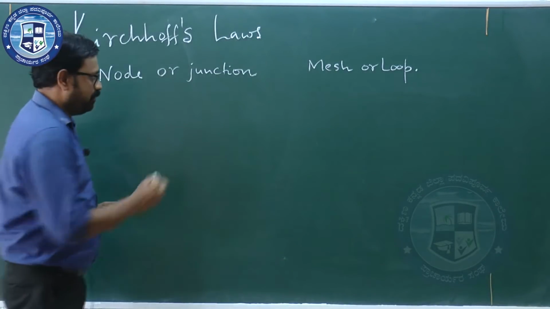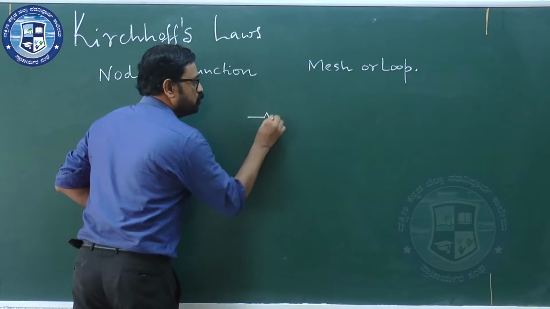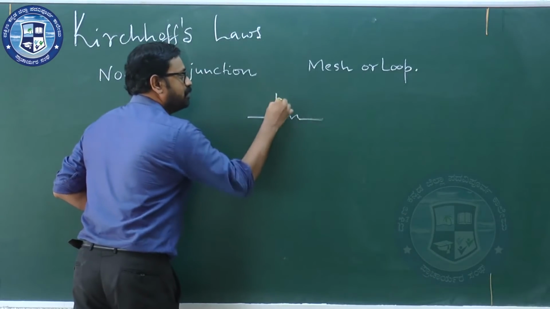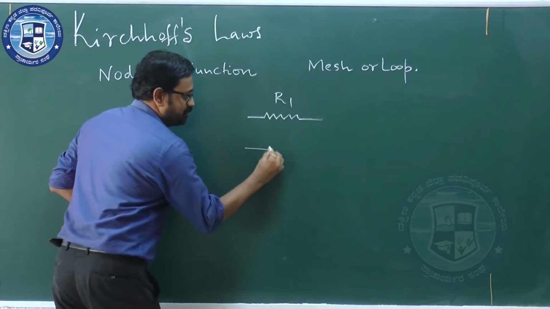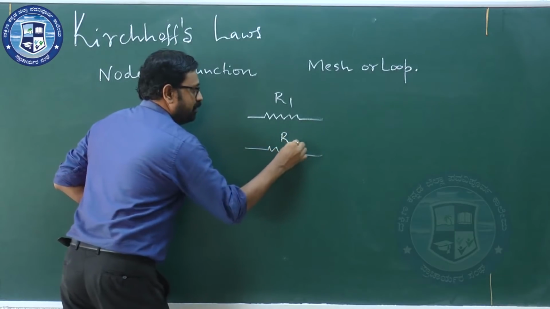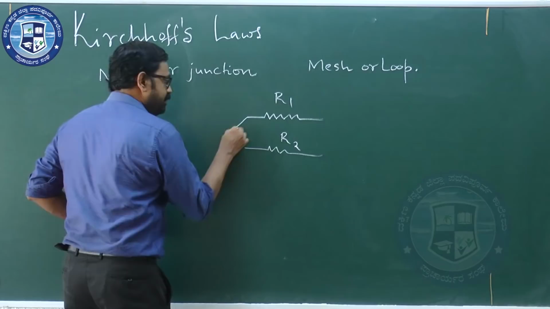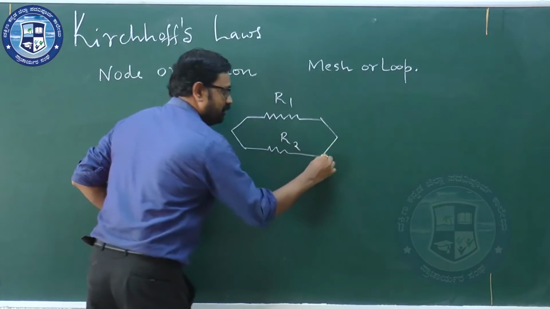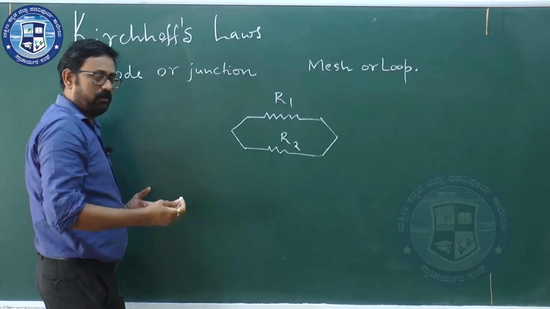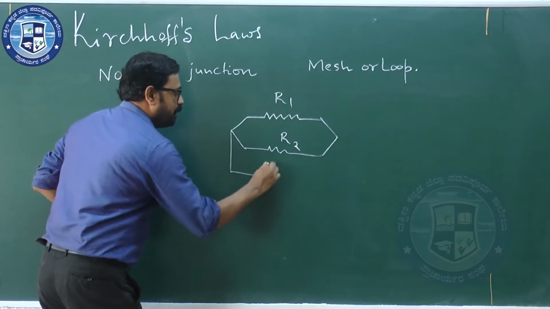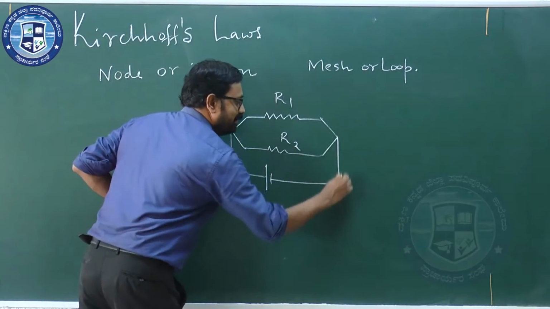For that, let me take up a very simple circuit which you are already familiar with. It is a parallel combination of resistors. Let us say I have two resistors R1 and R2 connected in parallel. At this stage you know what you mean by parallel combination, and this parallel combination is connected to a cell.